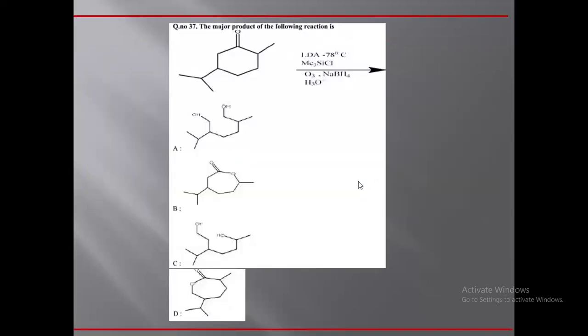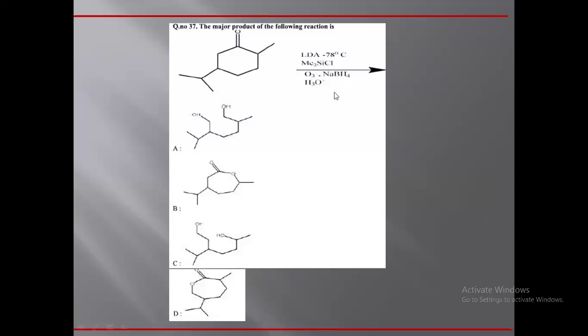Question number 37, the major product of the following reaction. You can see the structure. A carbonyl is there, and we are treating it with LDA at minus 78 degrees Celsius, trimethylsilyl chloride, then O3, sodium borohydride and hydrolysis.